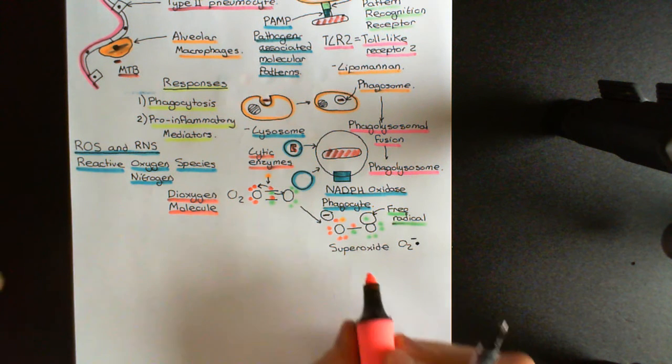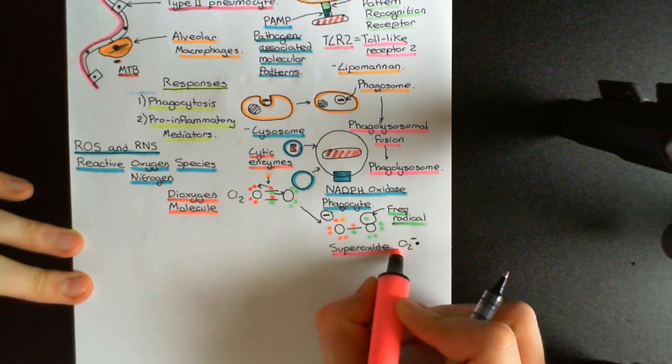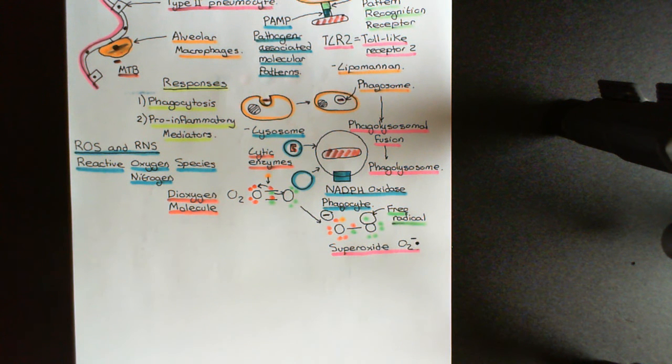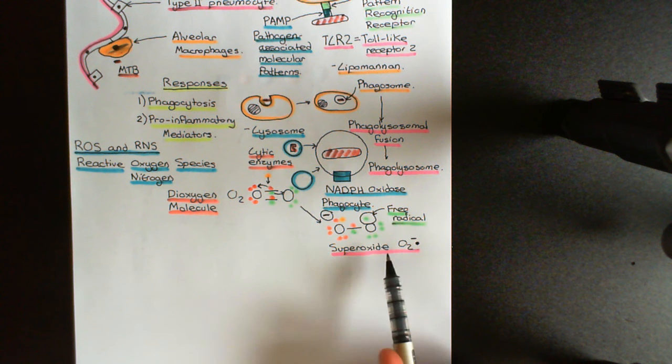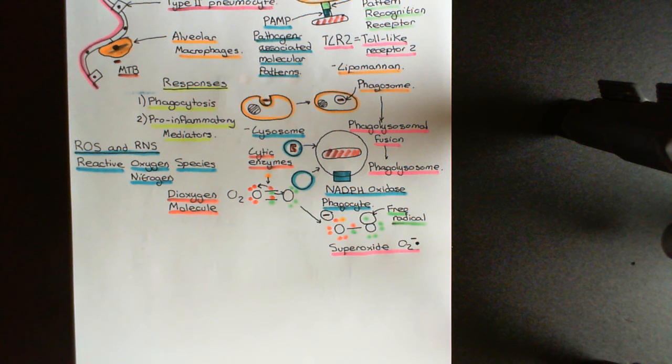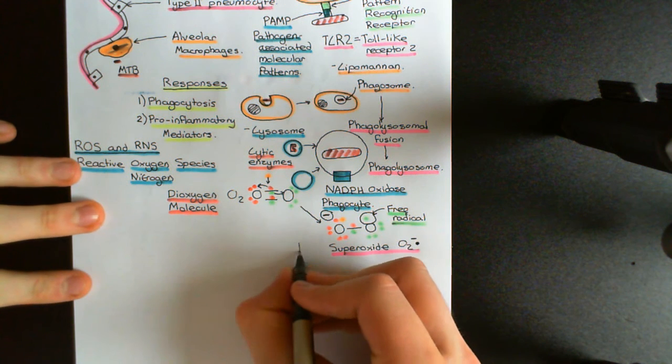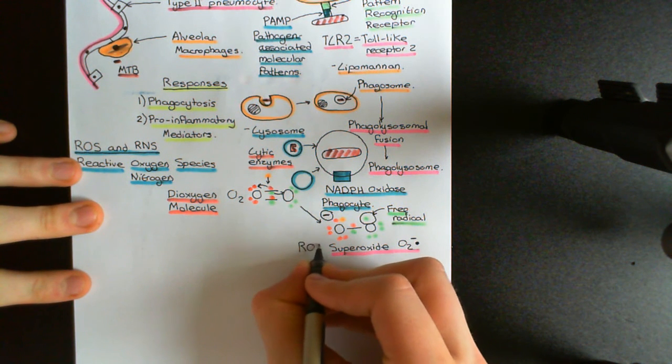So superoxide is being produced by the NADPH oxidase enzyme, which we have assembled in our phagolysosomal membrane. Now, superoxide is a really good example of a reactive oxygen species. It is absolutely a reactive oxygen species.